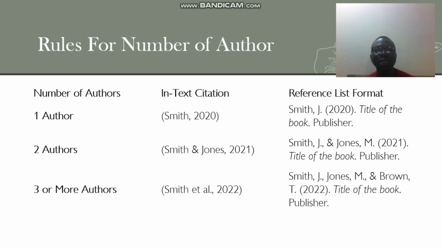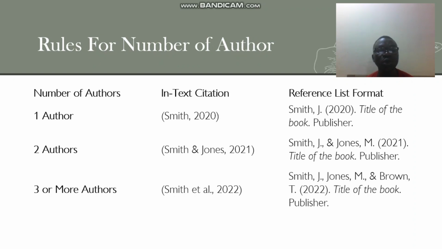So you use 'and' as it's written here for the in-text citation. And when it's three or more, we use et al. So you pick the first author, the first person that is written there, you pick the last name, and then you use et al. to complete it.